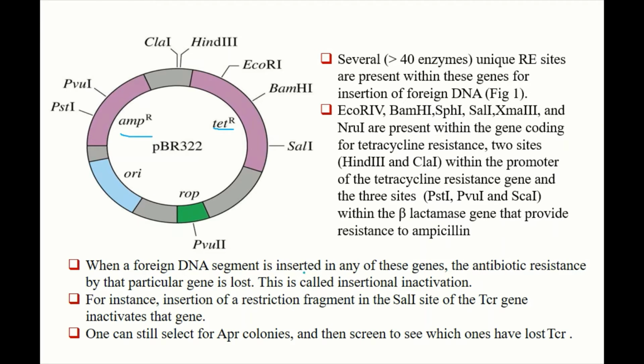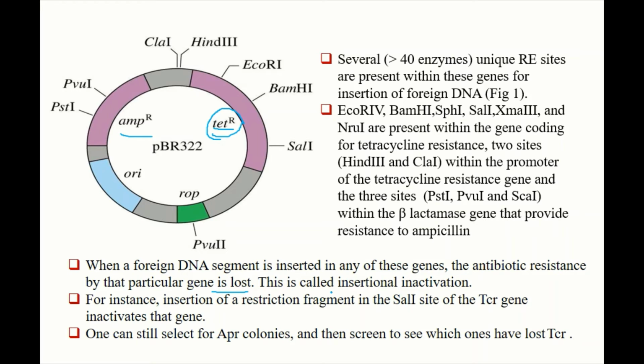So when a foreign DNA fragment is inserted into any of these genes, of course, the antibiotic resistance by that particular gene will be lost. If we have the insertion in this area, then resistance against tetracycline, of course, will be lost because this gene has been disrupted.